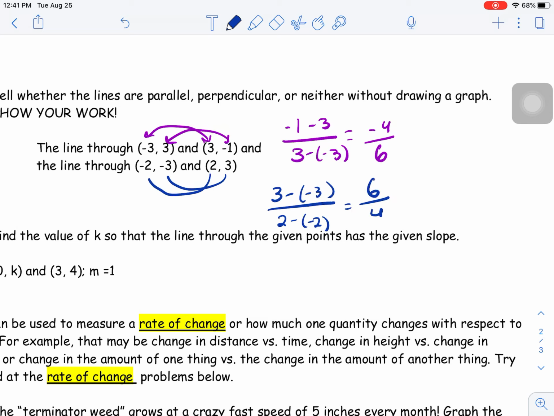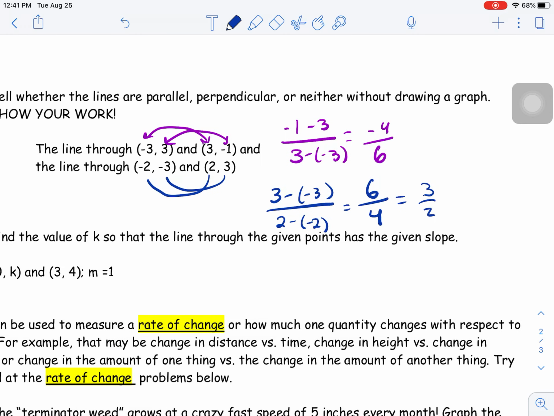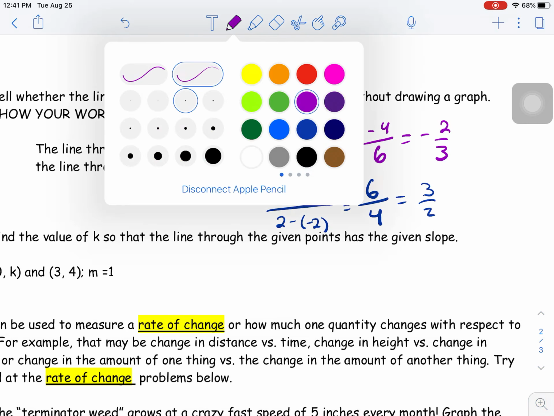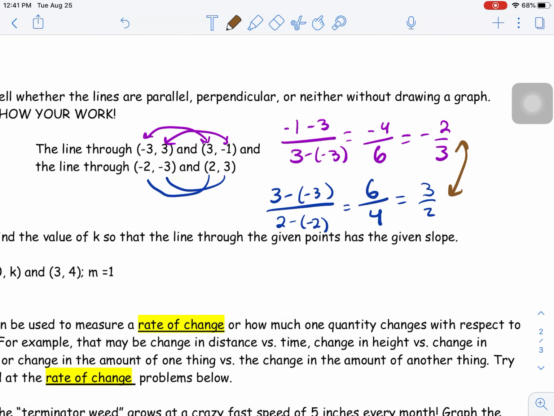So that gives us 6 over positive 4. So it looks like this is 6 over 4, which could reduce to 3 halves, which you don't need to reduce, guys, in this case anyway. And then the other one would be negative 2 thirds. So these two things are opposite reciprocals, which means that the lines then are perpendicular.